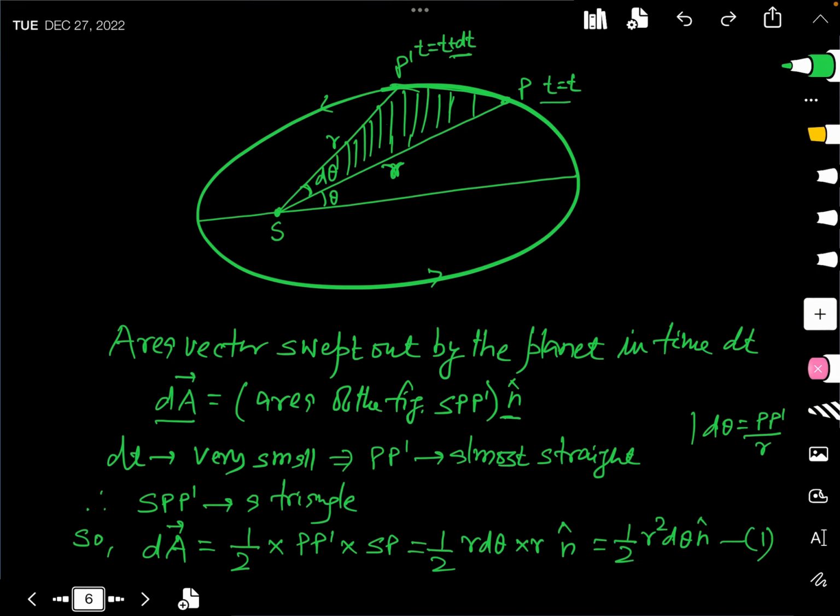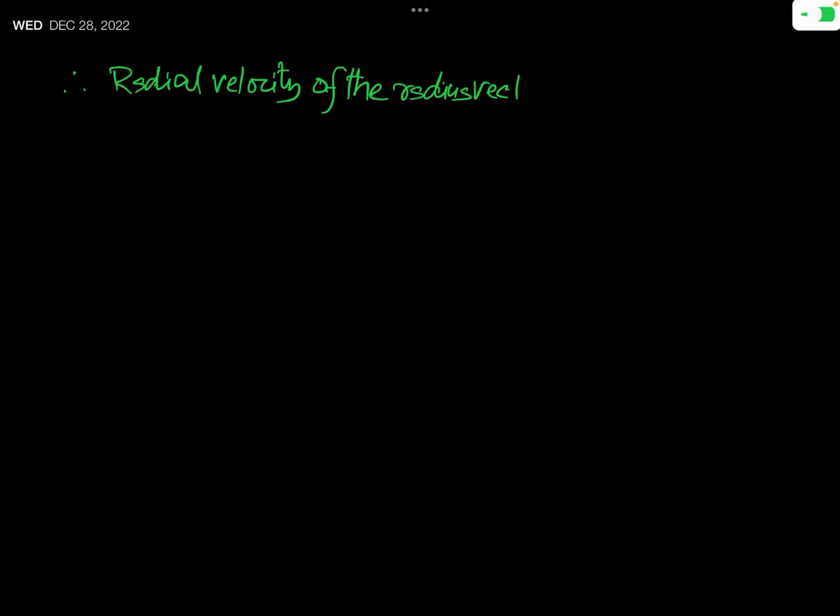So what will be the areal velocity of the radius vector of the planet with respect to the sun? This is defined as dA by dt, you know.